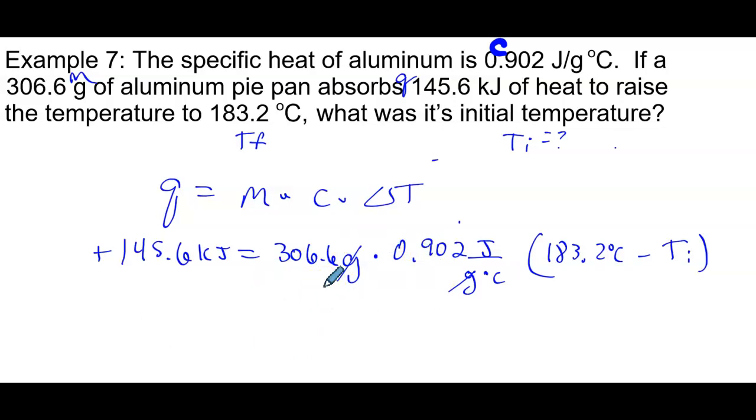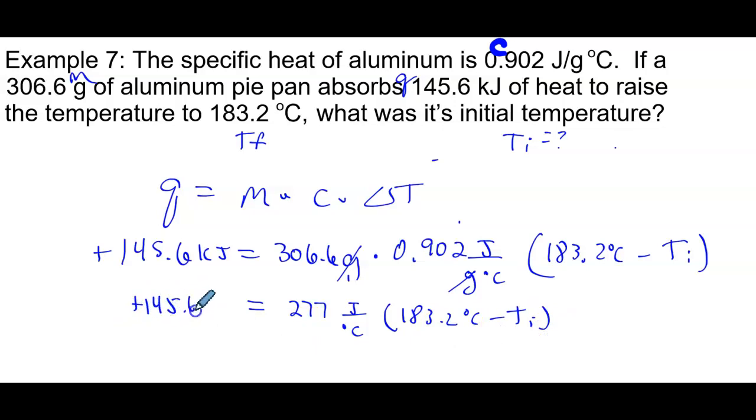306.6 times 0.902. And I'm going to be able to do 3 sig figs here. I get 278, let me try that again, 277, I rounded it wrong there, 277 joules per degree Celsius times 183.2 degrees Celsius minus T sub I, and this is still 145.6 kilojoules.